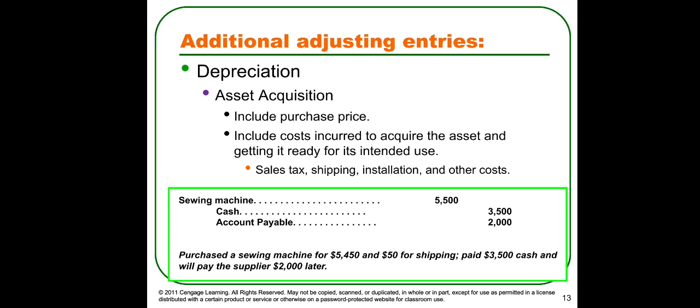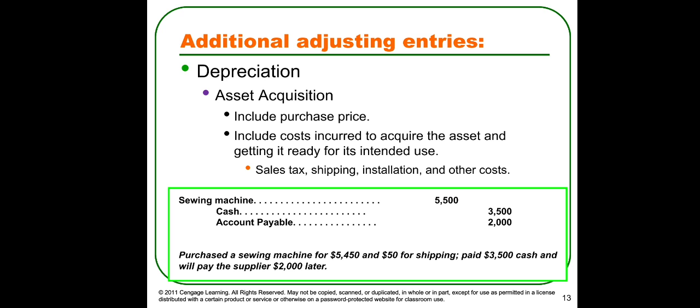I hope there is an example here. Okay, see here. Let's say you have a business, and at one time your business has to purchase a sewing machine. The data is at the bottom of this slide.